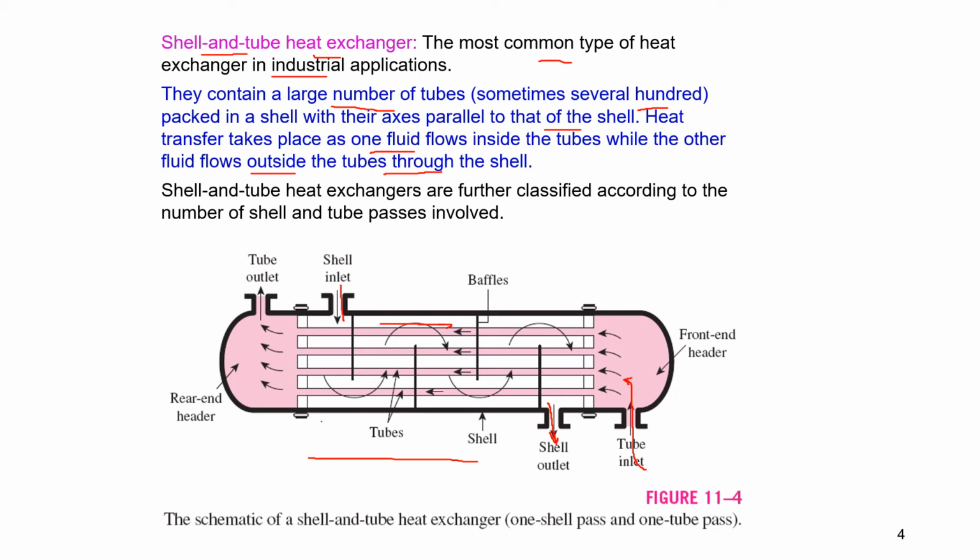For the colder liquid, it will come through here, and it will take some of the heat from the hot liquid, and then it will go out here. So this is a schematic of a shell and tube heat exchanger, what we call one shell pass and one tube pass.